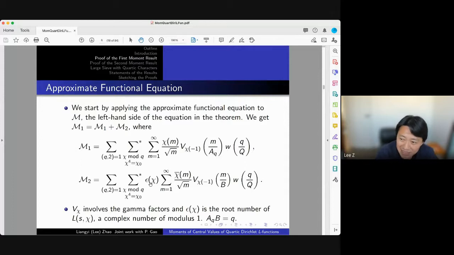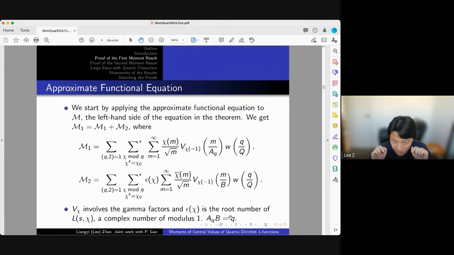It has Gauss sums in it. I'll talk more about that. And also this capital A, capital A sub q and capital B. The product of these two things must be q, right? That condition comes from the approximate functional equation.